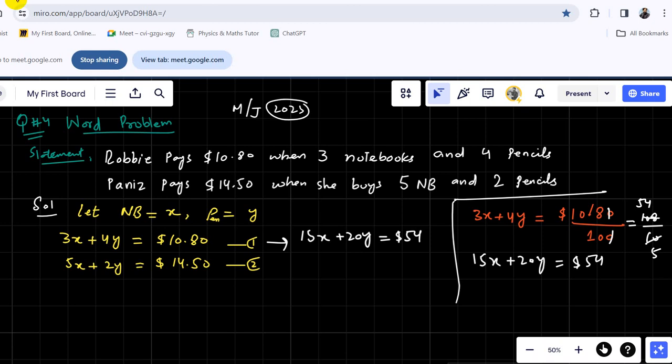Similarly, you can do the same with this equation, and this will be 10x plus 4y equals 29. You can solve these equations now.